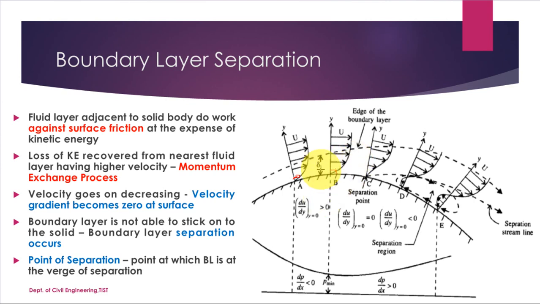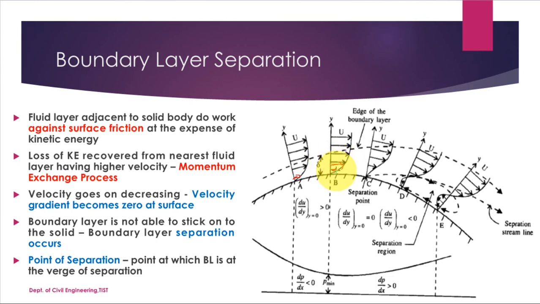So this part of the fluid layer will be trying to recover its kinetic energy by taking some energy from the layer which is above that particular layer. Okay, so there is a transfer of energy or transfer of momentum from the above layer to the bottom layer.